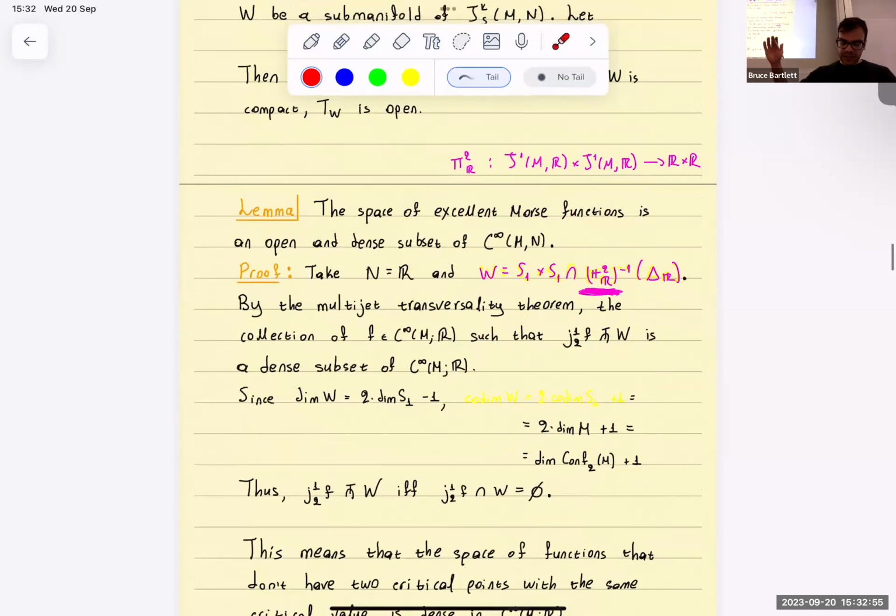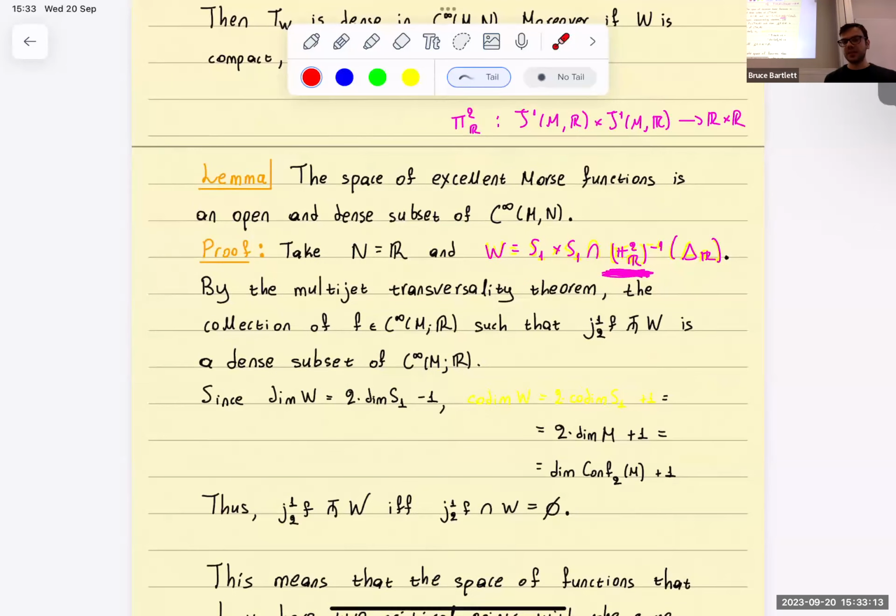So the multi-jet transversality theorem will tell you that the collection of all smooth real-valued maps whose twofold first jet section intersects W transversally is a dense subset. And so what's the dimension of W?